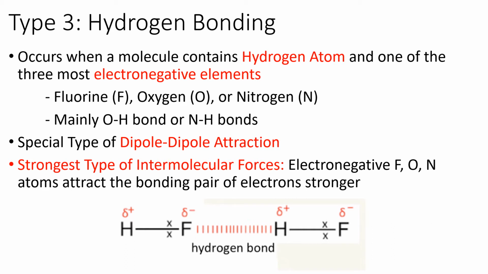However, it's mainly OH bonds or NH bonds because there are relatively fewer HF bonds. It is a very special type of dipole-dipole attraction, and it is the strongest type of intermolecular force because the electronegative FON atoms attract the bonding pair of electrons more strongly.